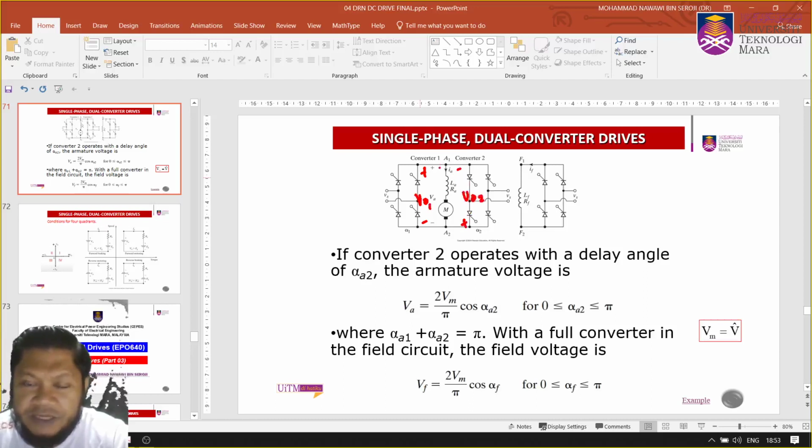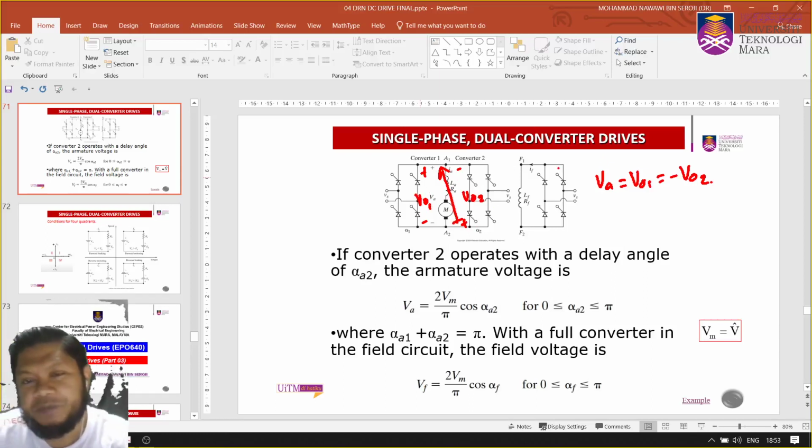So if you refer to this, the voltage across here, VA, is equal to V out 1 positive, or equal to negative V out 2, isn't it? It is negative because you measure from there to there. So your VA equals negative of V out 2, but it is equal to positive V out 1.